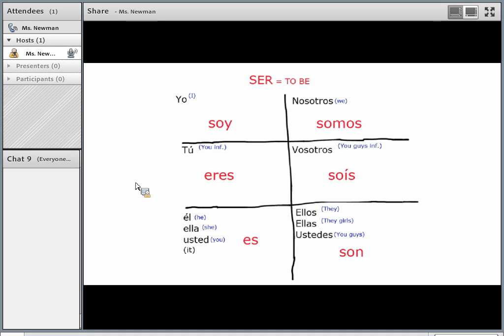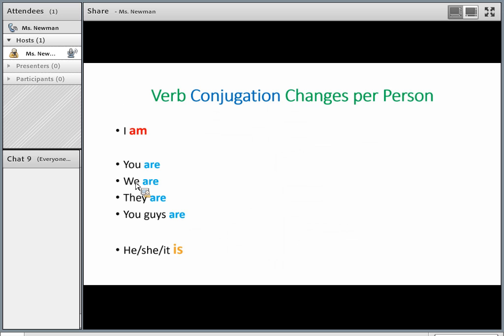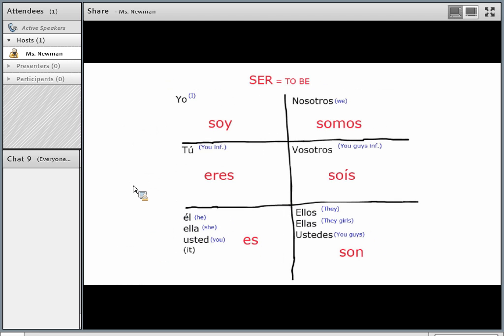Okay, now relate this to English. Let's go back one more time. Just like in English, we had all these conjugations of the verb, right? It went only with that subject pronoun. You only put those ones together just as is. Same thing in Spanish here. You only would ever say yo soy. You're never going to say nosotros soy. That doesn't work. That hurts our ears, okay?